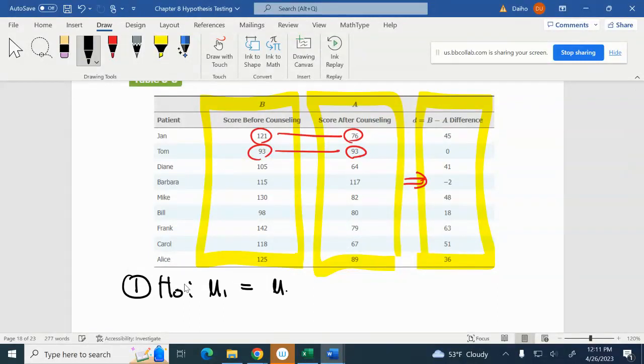Basically, we compare two samples. And now we want to test reduced. How do you think? We have three types of alternative hypotheses: bigger than, less than, or not equal to. In this example, we want to test if the program reduces anxiety.